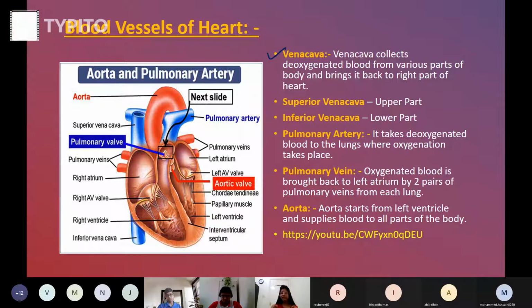Cellular respiration produces carbon dioxide, which is collected by veins. Many veins from all parts of the body collect that carbon dioxide, and then it comes to the heart by a blood vessel called vena cava. So vena cava collects deoxygenated blood, which means carbon dioxide rich blood, from various parts of the body to the right part of the heart.